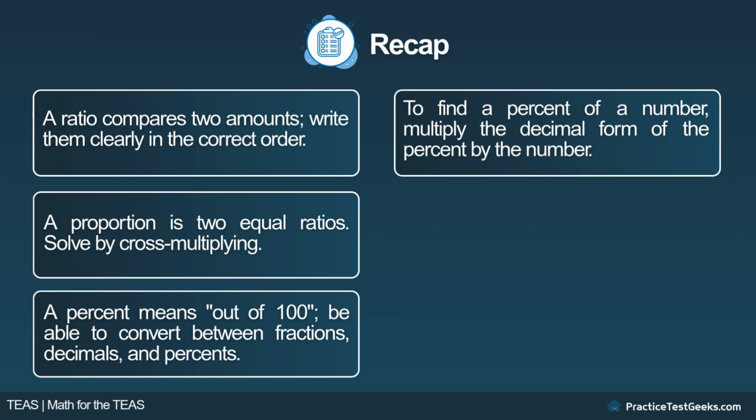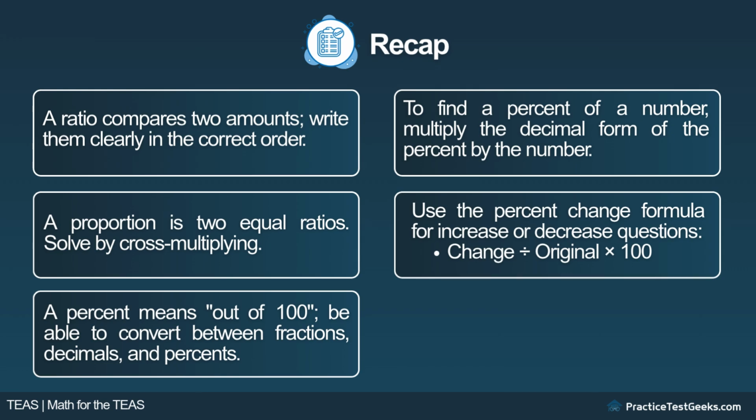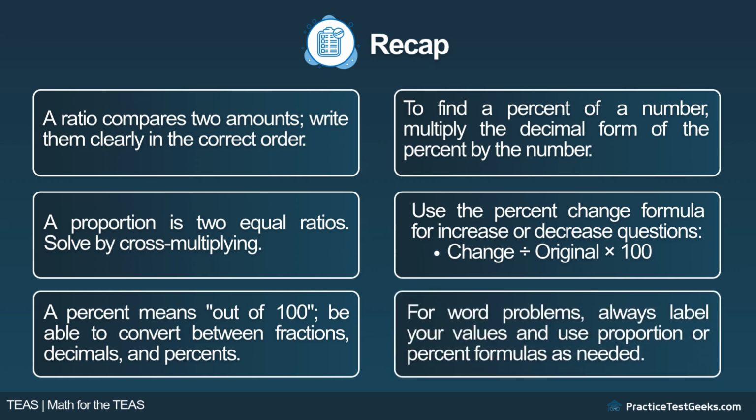To find a percent of a number, just multiply the decimal version of the percent by the number. For percent change, whether it's an increase or decrease, use this formula. Change divided by original, then multiplied by 100. And finally, for word problems, always label your values clearly and decide whether to use a proportion setup or a percent formula to solve.